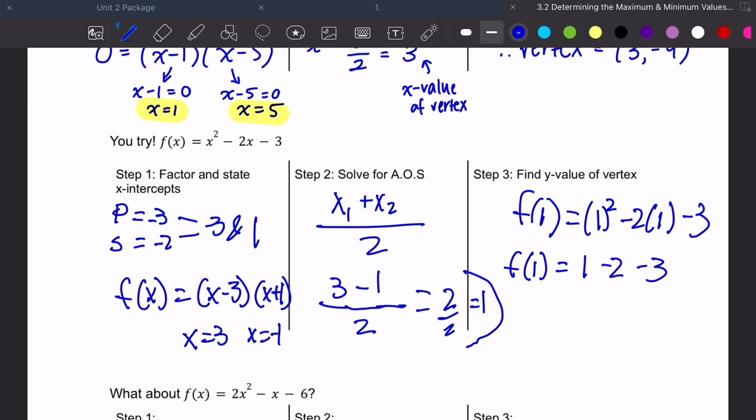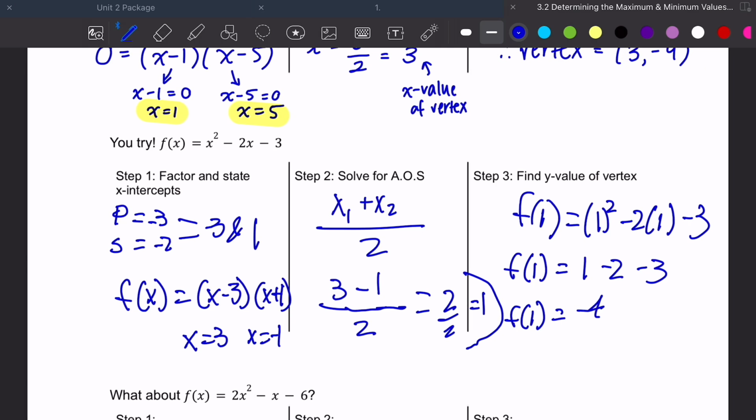So 1 minus 2 minus 3. You got it. So vertex is 1, negative 4. 1, negative 4 is our vertex.